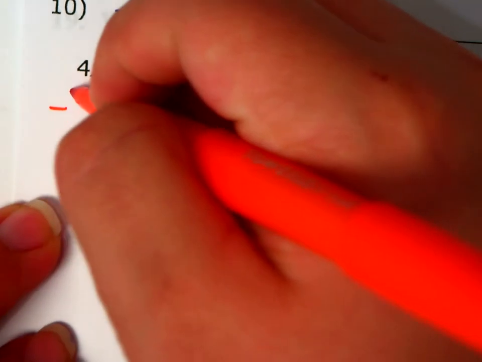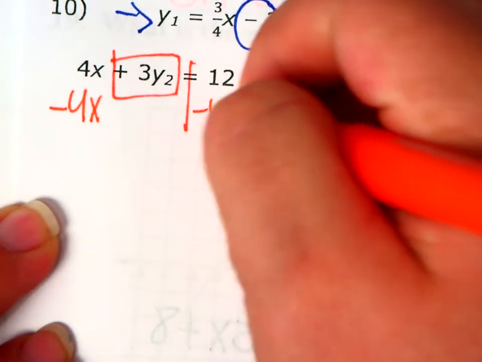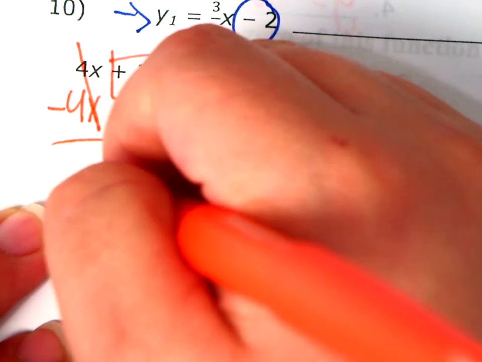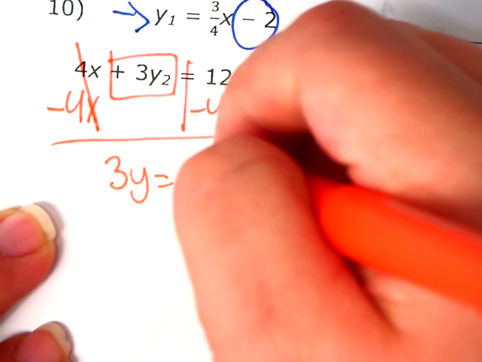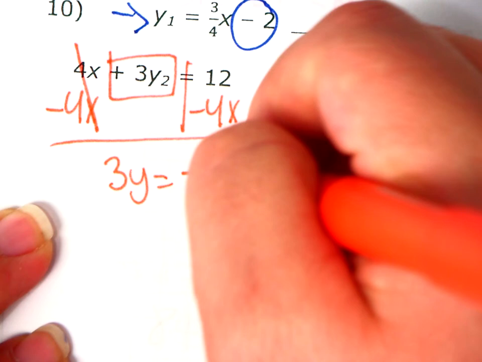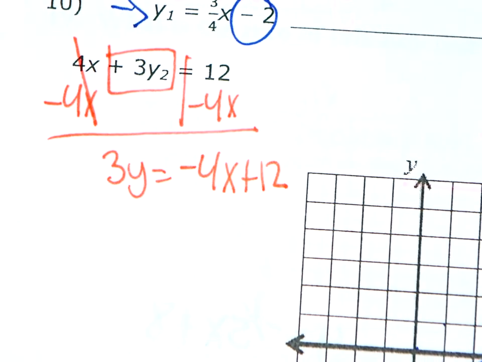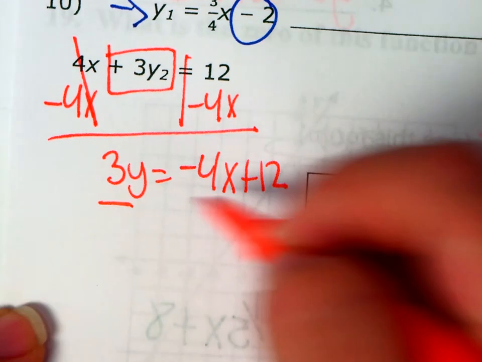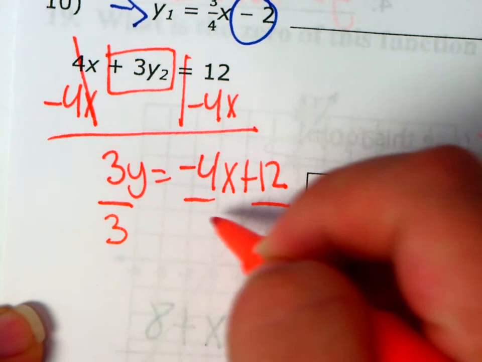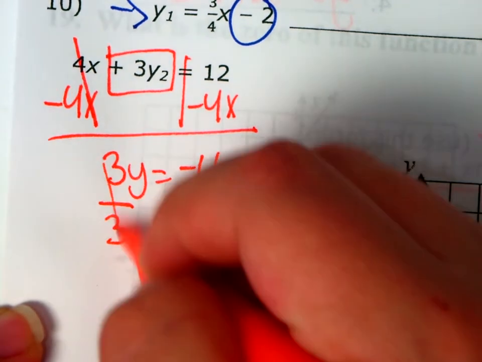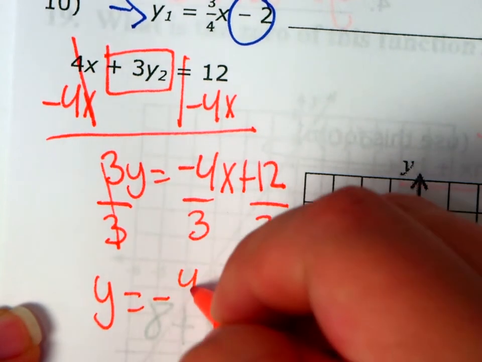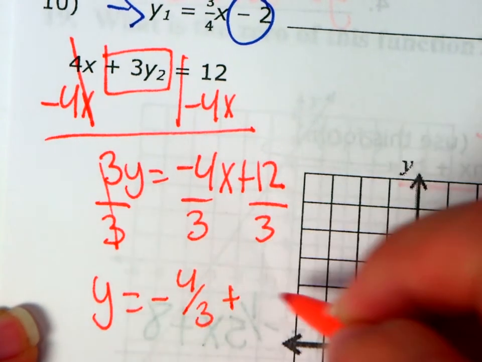Subtract it on both sides. 3y is equal to -4x plus 12. The last and final step is to get rid of the 3. How do I do that? Divide everything by 3. So you're going to get y is equal to -4 over 3 plus what?